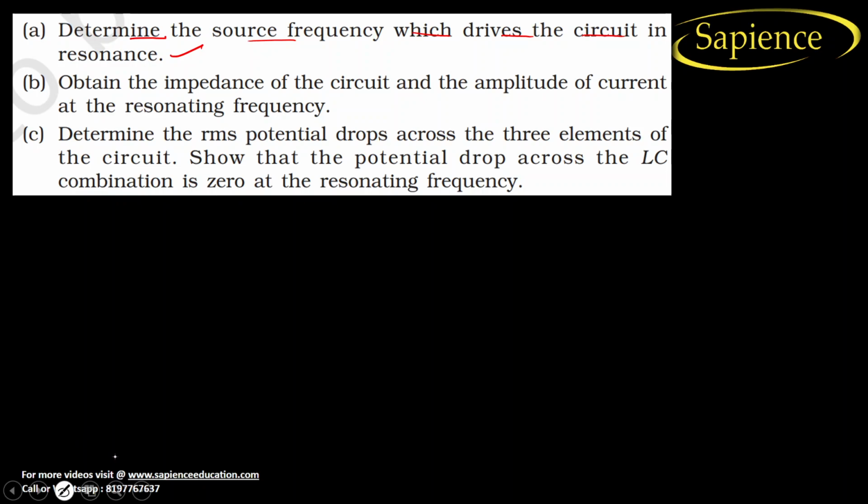So for resonance, what do you know? For part A, at the resonance condition, XL is equal to XC, and from this we can derive that omega for the resonance will be equal to 1 by root under LC.